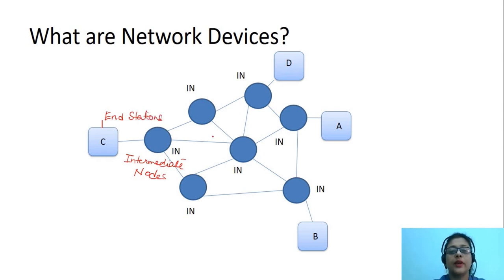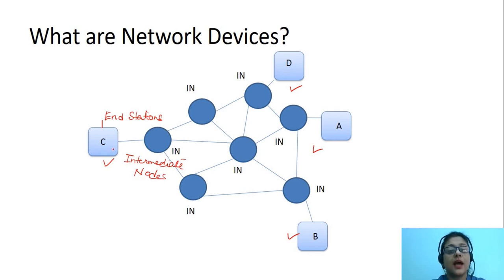So we have here end station A, end station B, end station C, and end station D. These end stations are connected to the various blue colored nodes of the network. Now these nodes are the intermediate nodes. What is the difference between end stations and nodes?